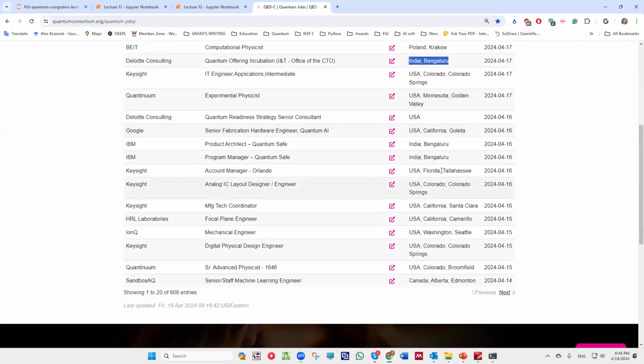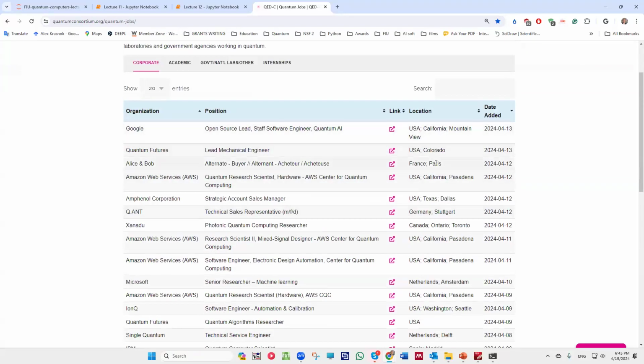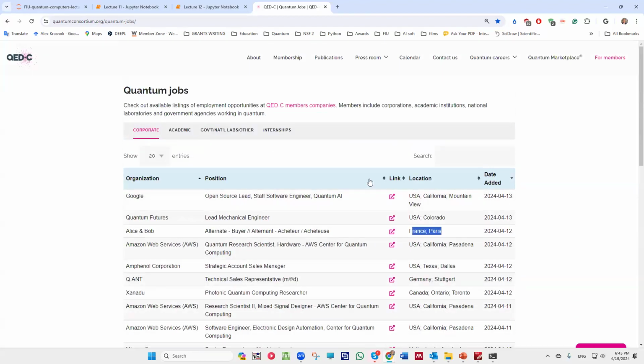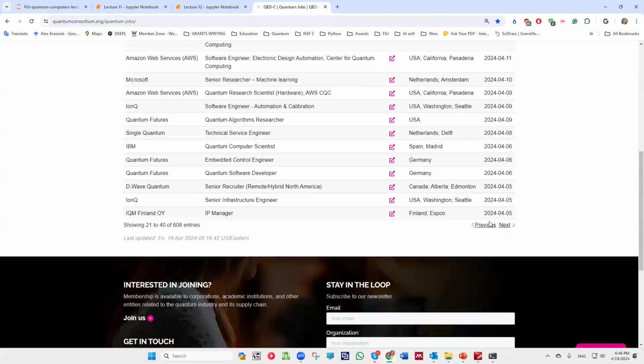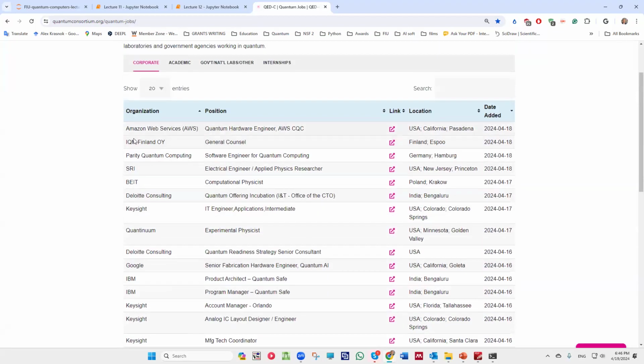You see, India today invests a lot into quantum and growth, which is very good. The US invests a lot, France, and so on. This is a very nice platform if you're interested in finding a job in this area. This website is a must to check. It updates almost every day with new positions.